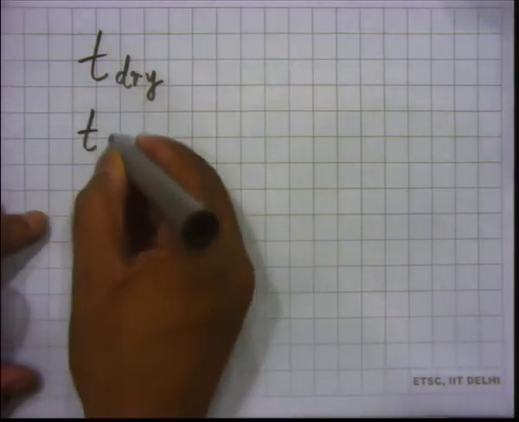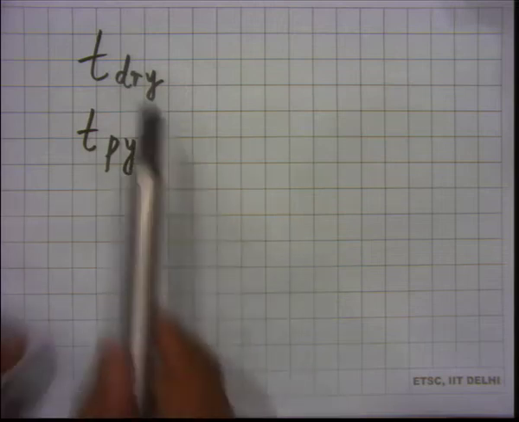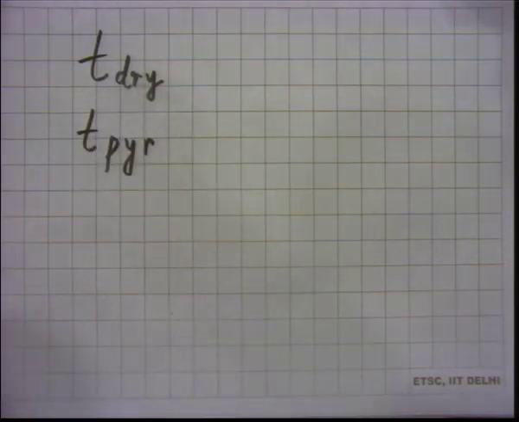And it can also get a T pyr, which is a pyrolysis time. Drying time is the time to lose almost all its moisture for a particle, and the pyrolysis time is similarly the time required to lose all its volatile matter.